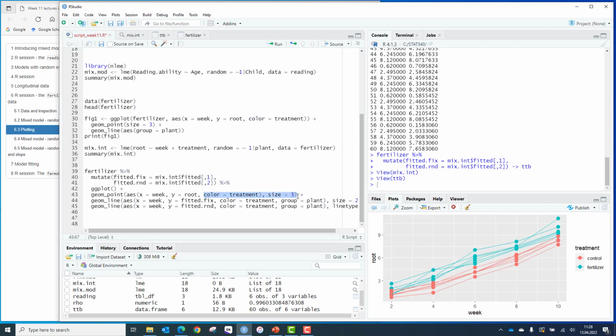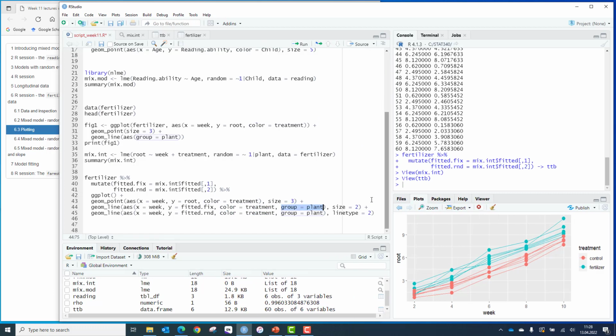So these are the same dots as you saw here, but now I add a line with, again, time on the x-axis, but now the fitted fixed values instead of the raw data, right? Again, I color by treatment, and I group by plant.